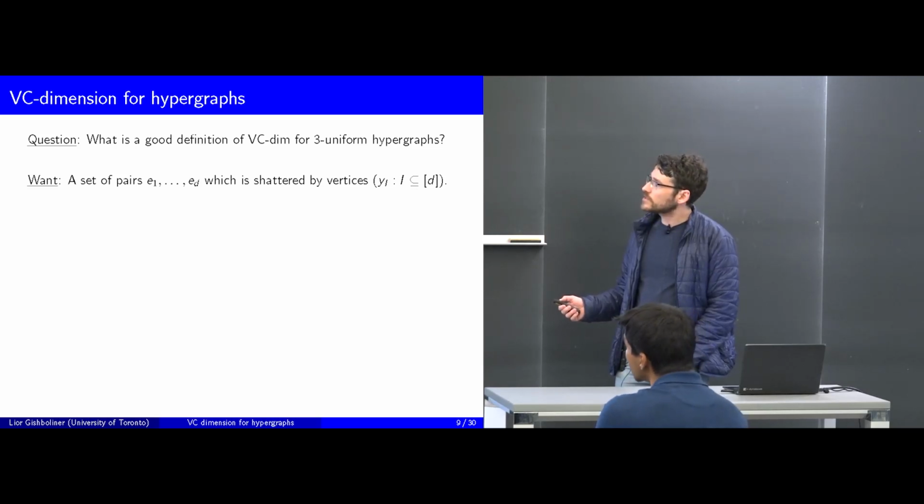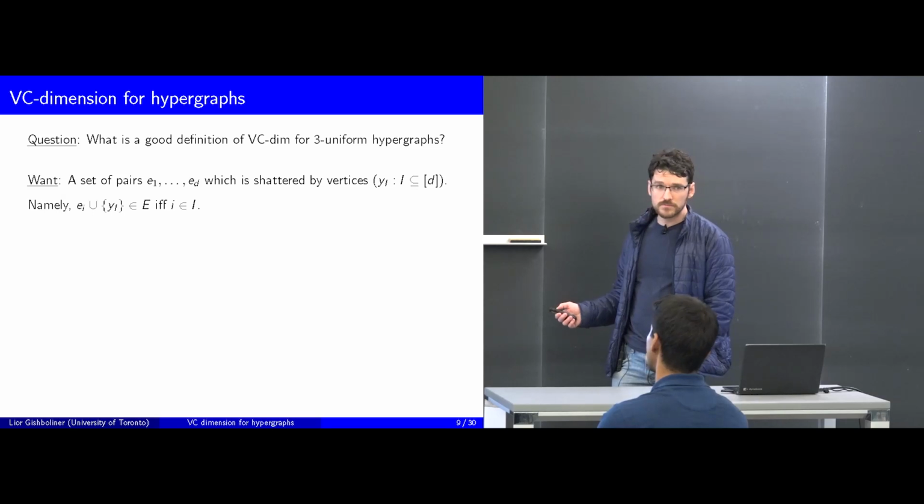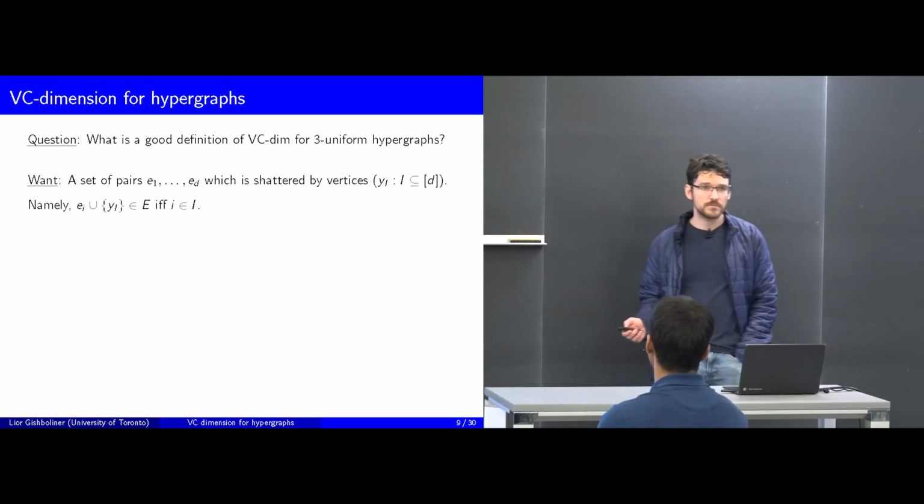So we want a set of pairs which is shattered by some vertices yi, and this means that if I look at the union of ei, the ith pair, with yi, then this is an edge of the hypergraph if and only if i belongs to capital I. Does it make sense?